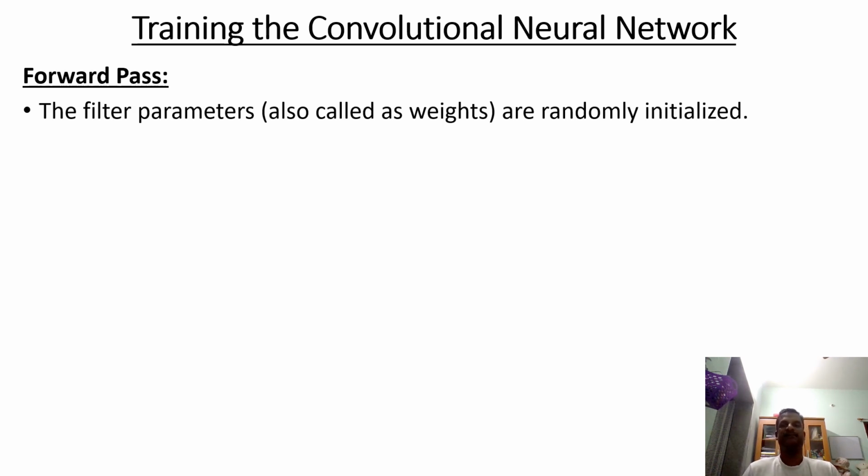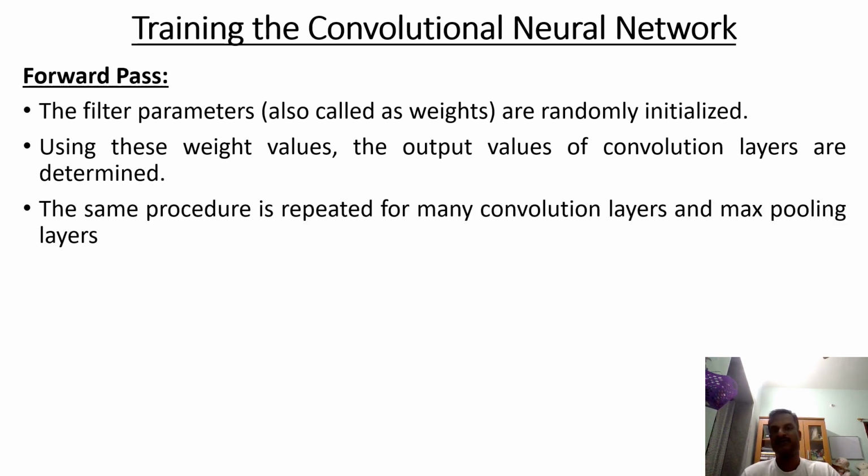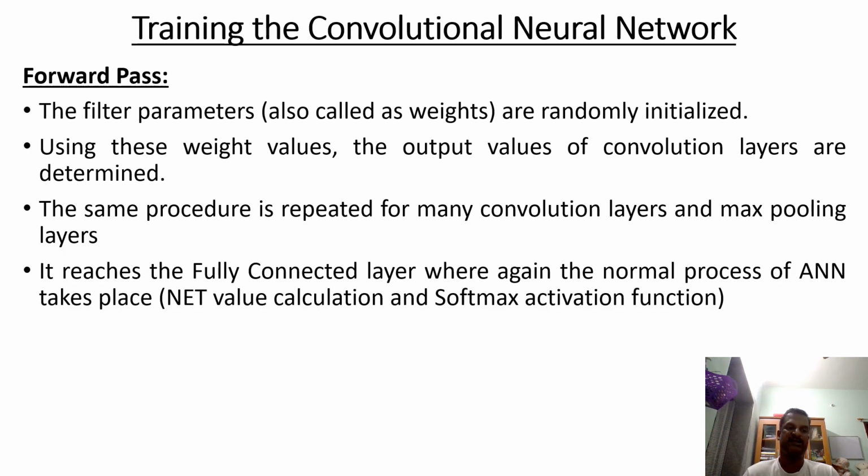The filter parameters are randomly initialized. The complexity in the training of a CNN is that you need to adjust two sets of parameters: apart from your filter parameters, you also need to adjust the weights of the hidden layers in your fully connected neural network. So first initialize your filter parameters. Now pass the data through the convolution layer and calculate the convolution layer outputs as we have already seen. Now pass it through the max pooling layers and downsize your data.